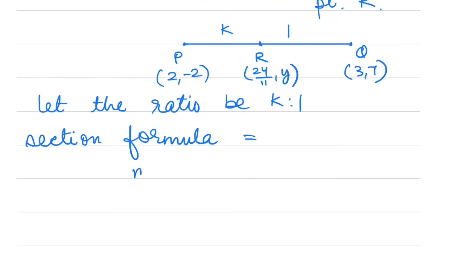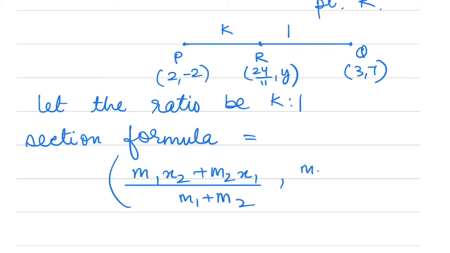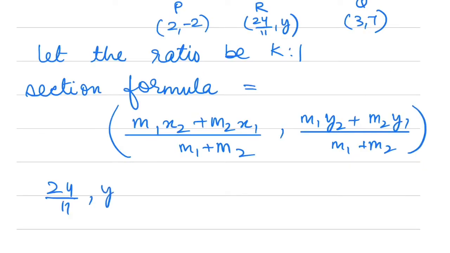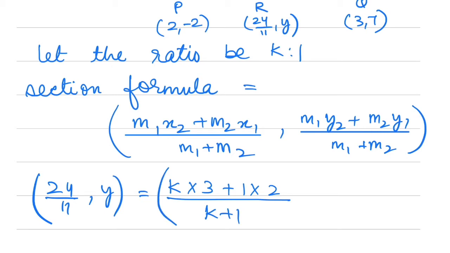which is (m1 x2 plus m2 x1) divided by (m1 plus m2), and for the y coordinate (m1 y2 plus m2 y1) divided by (m1 plus m2). (24/11, y) is equal to (k into 3 plus 1 into 2) divided by (k plus 1), and (k into 7 plus 1 into -2) divided by (k plus 1).